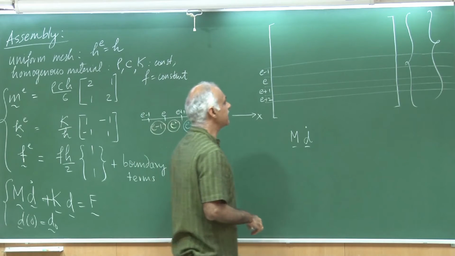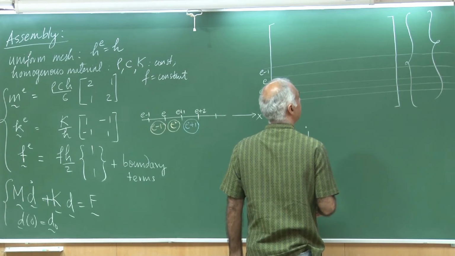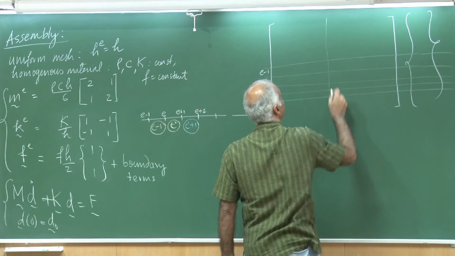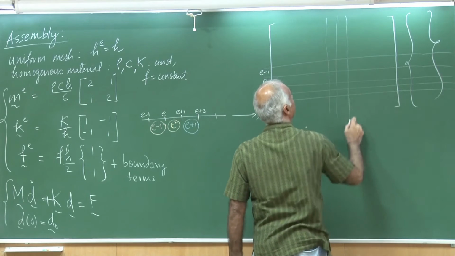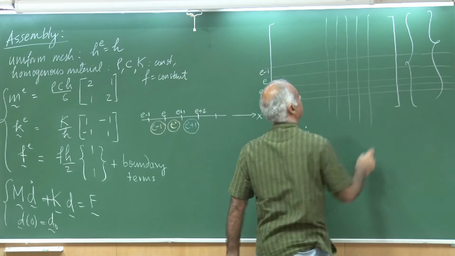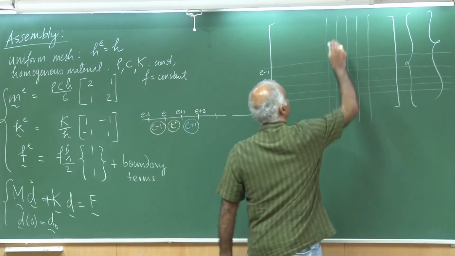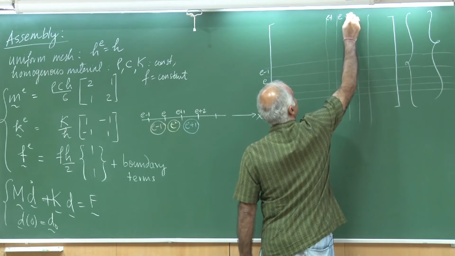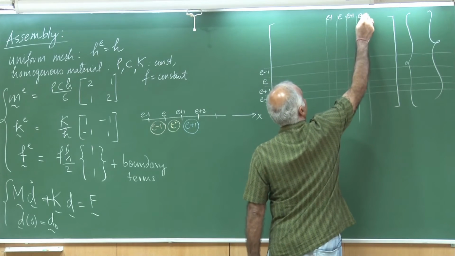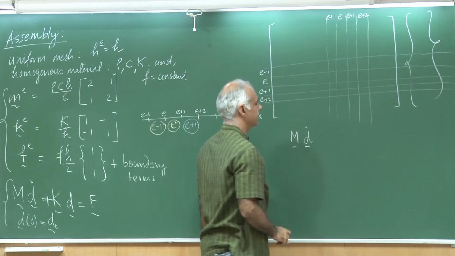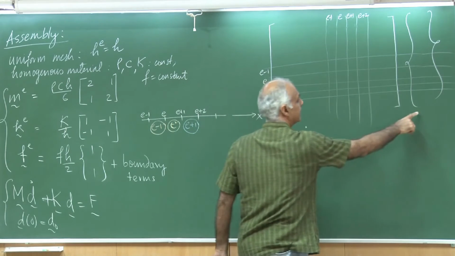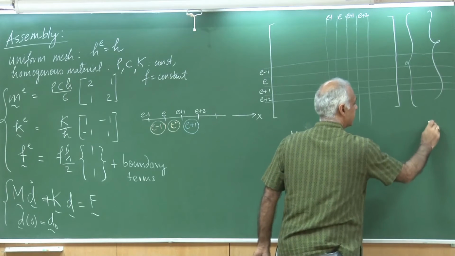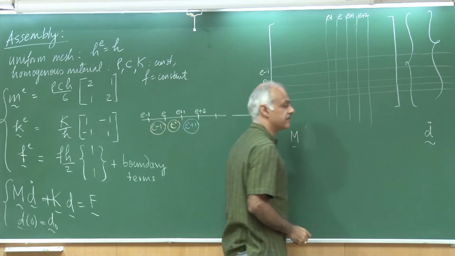There are going to be certain columns, and these columns are the ones which will identify the unknowns. So, let me identify again 4 of them. So, we are talking about column number E minus 1, E, E plus 1 and E plus 2. So, this is M and this is d dot. In fact, I can erase this from here and write it over here that this is d dot.